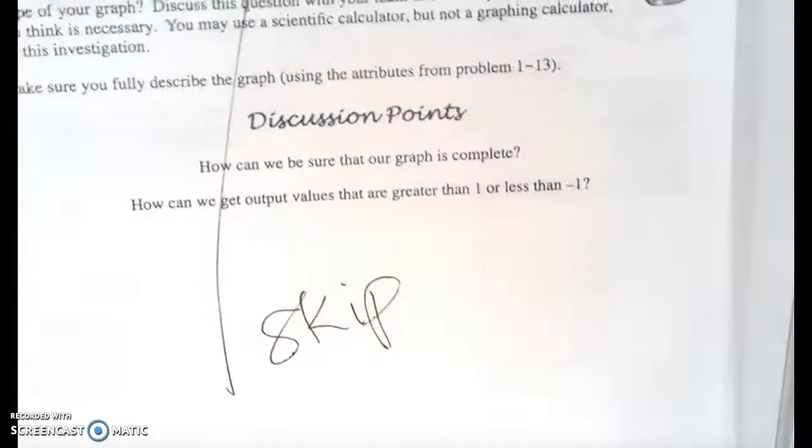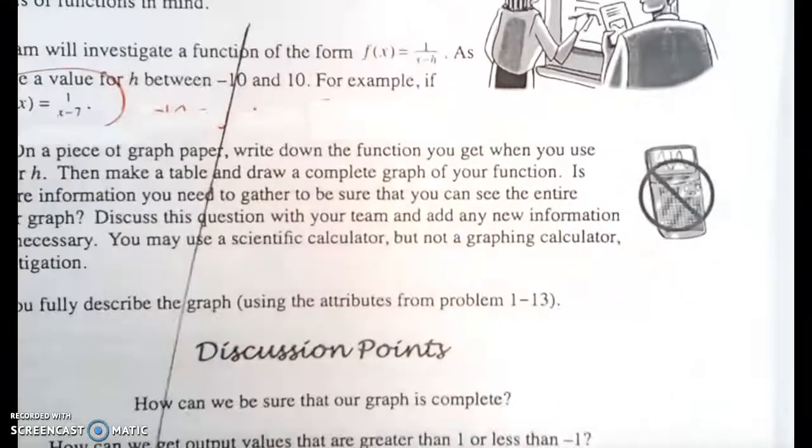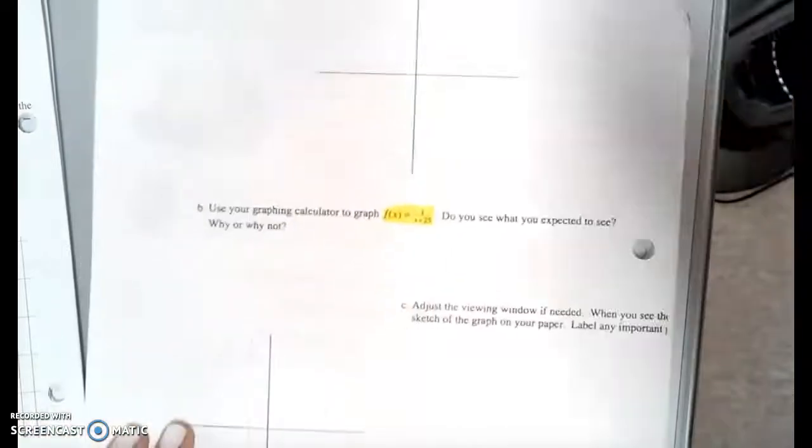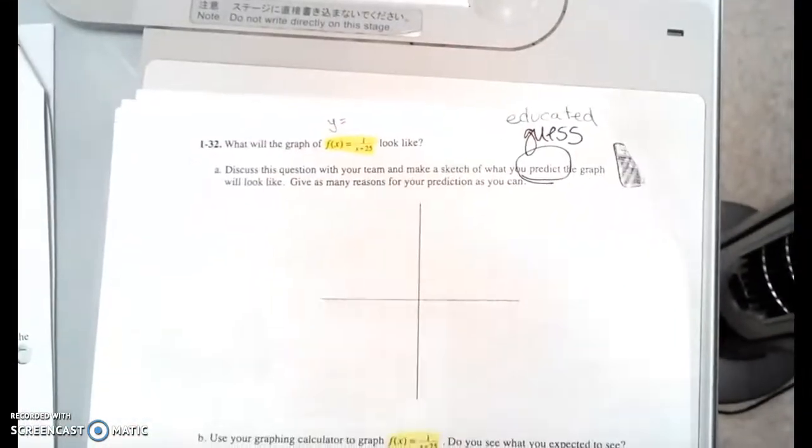Okay? So you guys are going to skip the problem that's on page 16 because we don't need to do that one together. You guys are going to do the one on page 17. All right, so question 132 says, what will the graph of the function f of x equal 1 over x plus 25 look like?